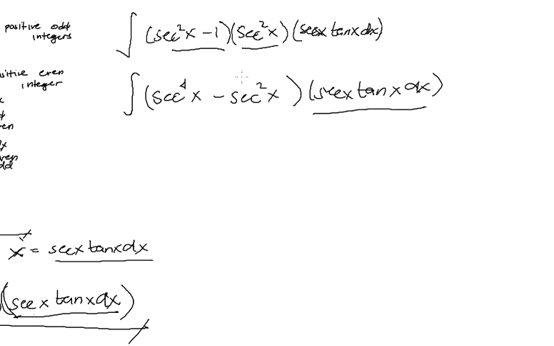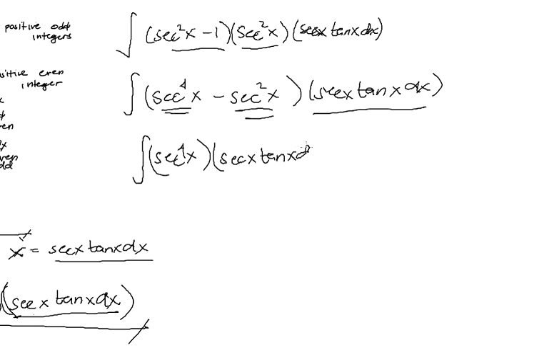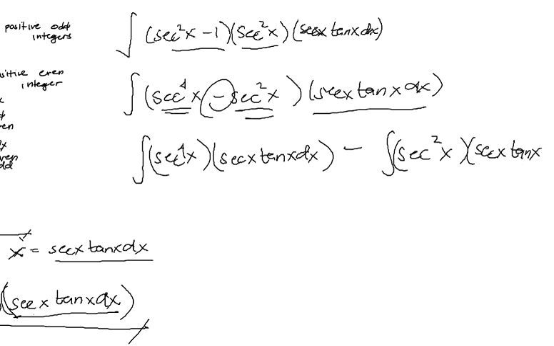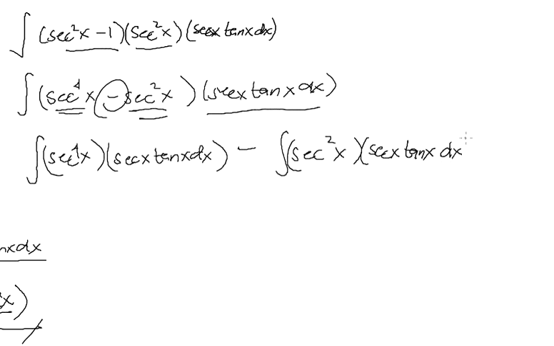Then after that, we can do the integration by distributing once again this term to the secant 4x minus secant squared x. Therefore our integrand now became secant 4x multiplied by secant x tangent x dx, minus the whole term of secant square x times the secant x tangent x dx.